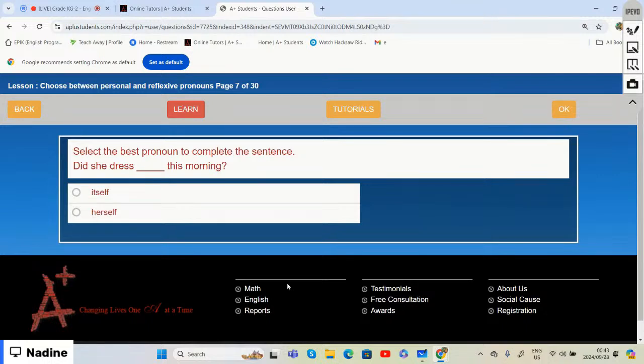But if something refers to something else or someone else, then that is a personal pronoun. All right. Everybody still understand?